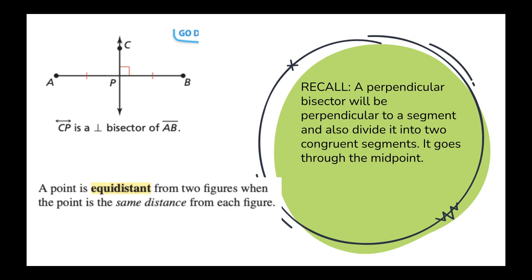They would be the same length, the segments would be. But in this case, we'd say from A to C, it's the same distance as B to C. So from A to C, see here's from A to C, it's the same distance as if you started from B to C. All right, they're equidistant.